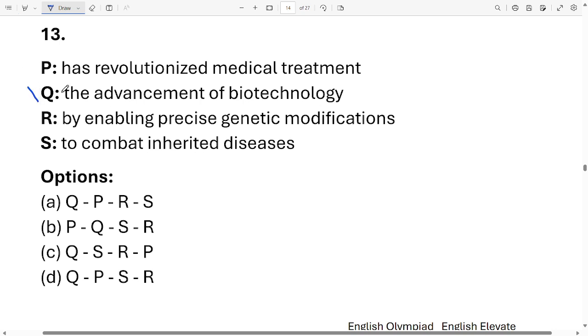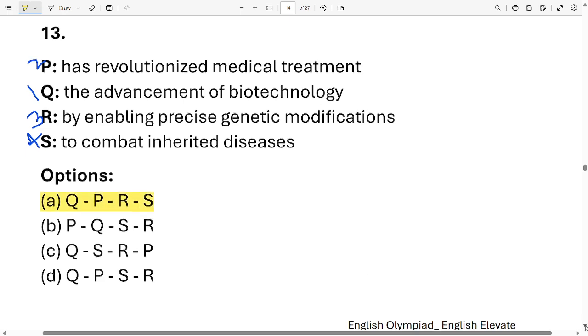Okay, so this is our combination, QPRS. QPRS, option A.